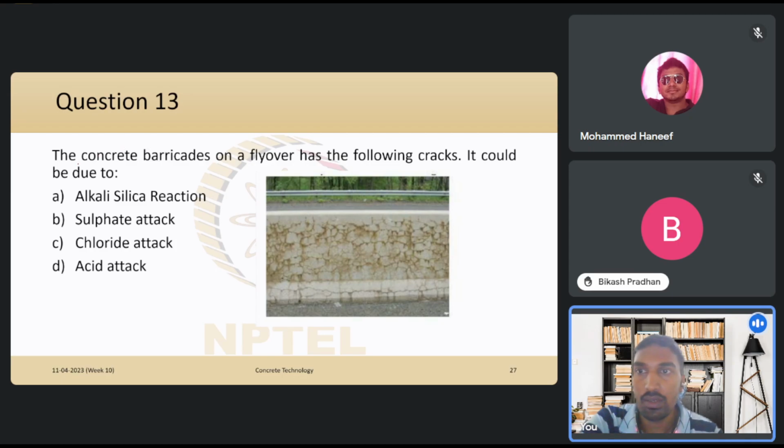Okay. So moving on to question number 13: the concrete barricades on a flyover. As shown in the figure, it has these cracks. What could be the reason for this? The options are: A, it is due to alkali silica reaction; option B, sulfate attack; option C, chloride attack; option D, acid attack.